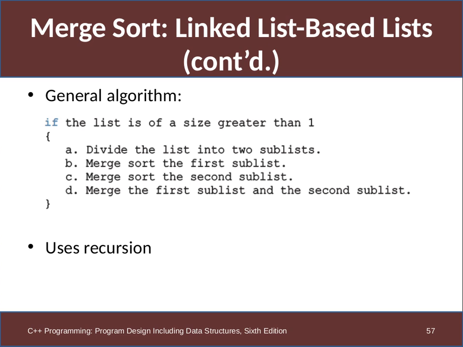Merge sort the first, merge sort the second, aka recurse on yourself. First on the left, then on the right. Of course you could do the right first and then the left, it actually does not matter the order here. But you must do the 2 merge sort recursive calls before you merge the first list and the second list. Okay? Simple enough.